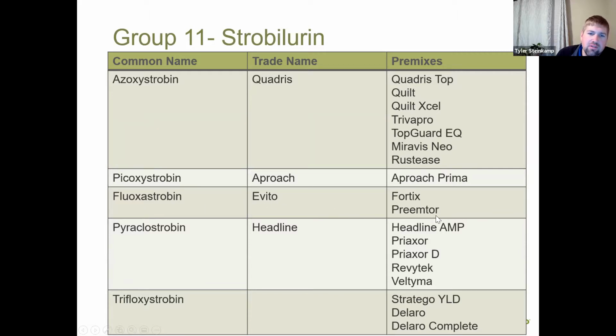Floxystrobin, well, FMC bought that one. Pyroxystrobin is going to be more of your BASF camp. And trifloxystrobin is going to be Bayer and some of the Bayer products. It does break out that way pretty easily here.